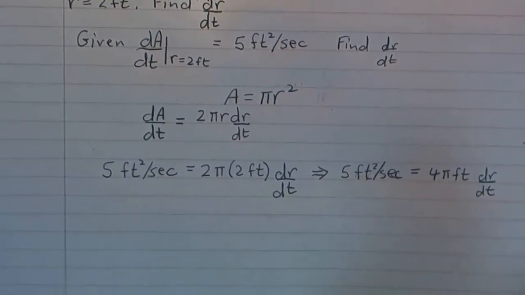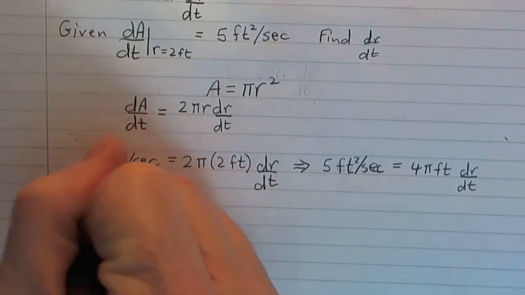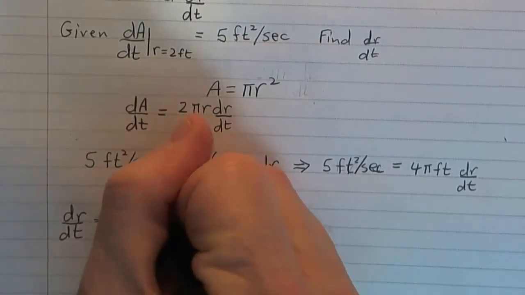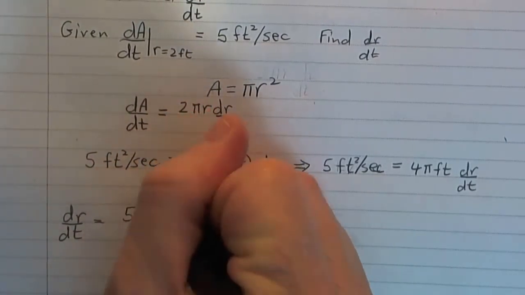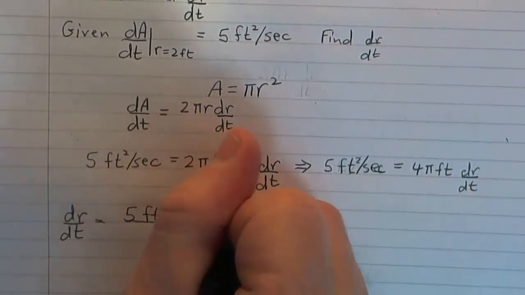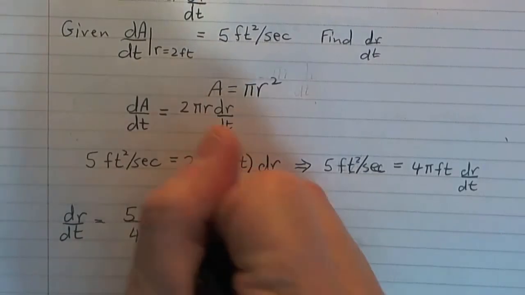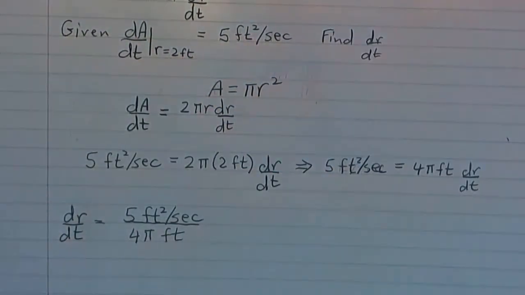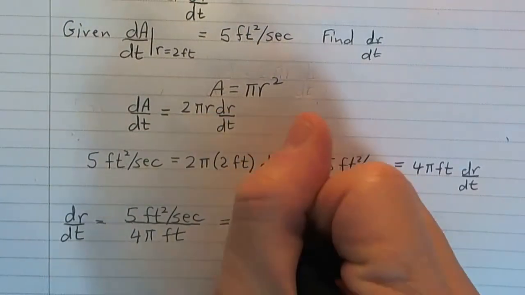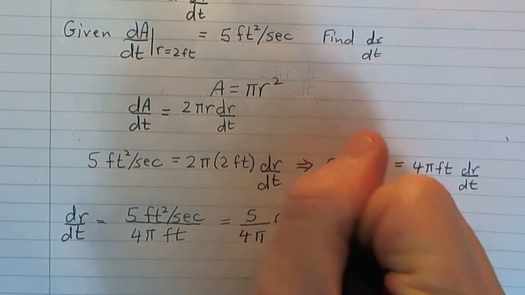Okay, there we go. Now, the only thing I have to do to finish up is divide. So I've got dr/dt is equal to 5 square feet per second divided by 4 pi feet. Yeah, that's it. And of course, this would wind up being 5 over 4 pi feet per second.